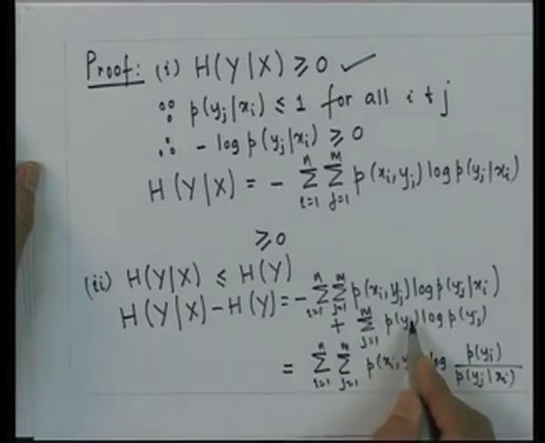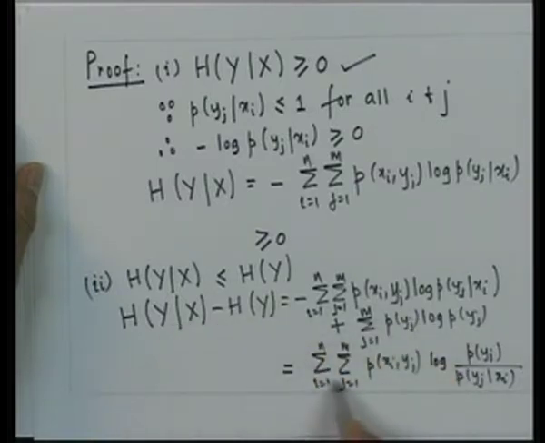This quantity out here, summation j equal to 1 to m of p of yj, can be substituted by a double summation, and once you do that double summation, this expression can be written as this.